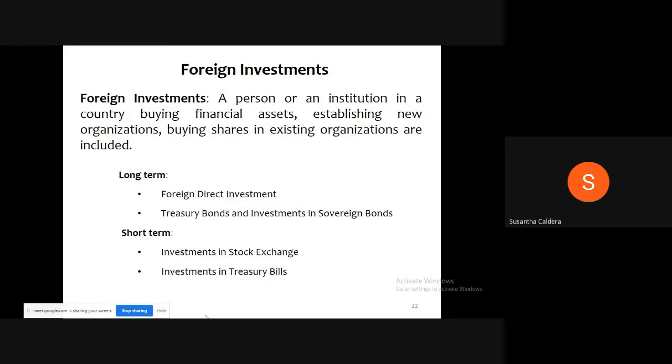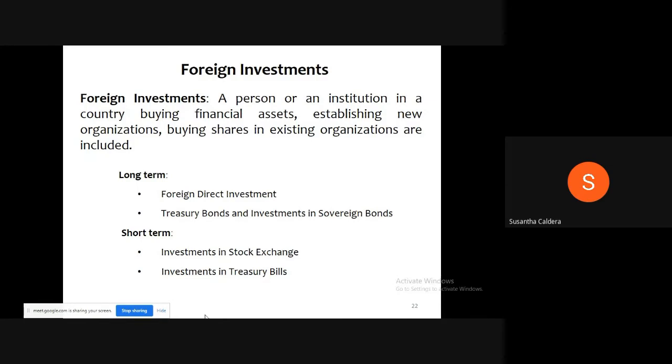What is the difference between treasury bills and treasury bonds or sovereign bonds? Sovereign bonds are long term, but treasury bills are short term. Yeah, at any moment you can recover the money, right?